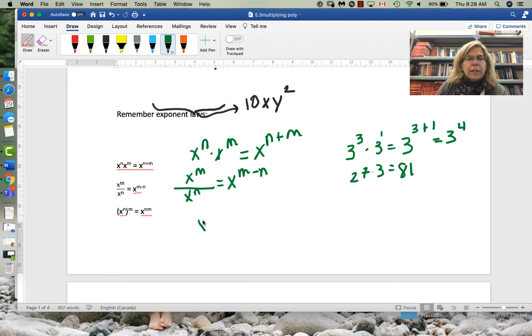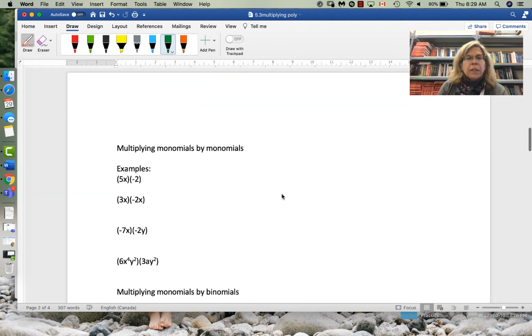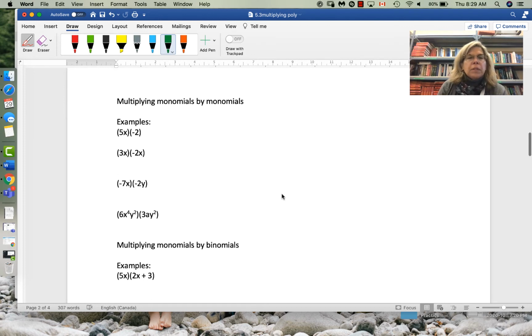And then x to the n raised to the m gives you x to the n times m. Okay, so let's go down to what today's lesson is, which is multiplying monomials and polynomials by other monomials.